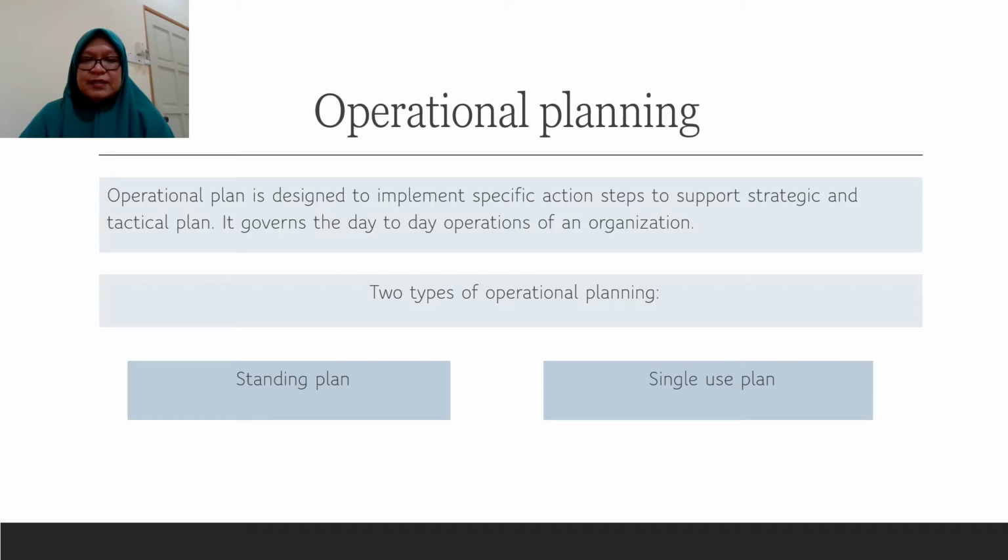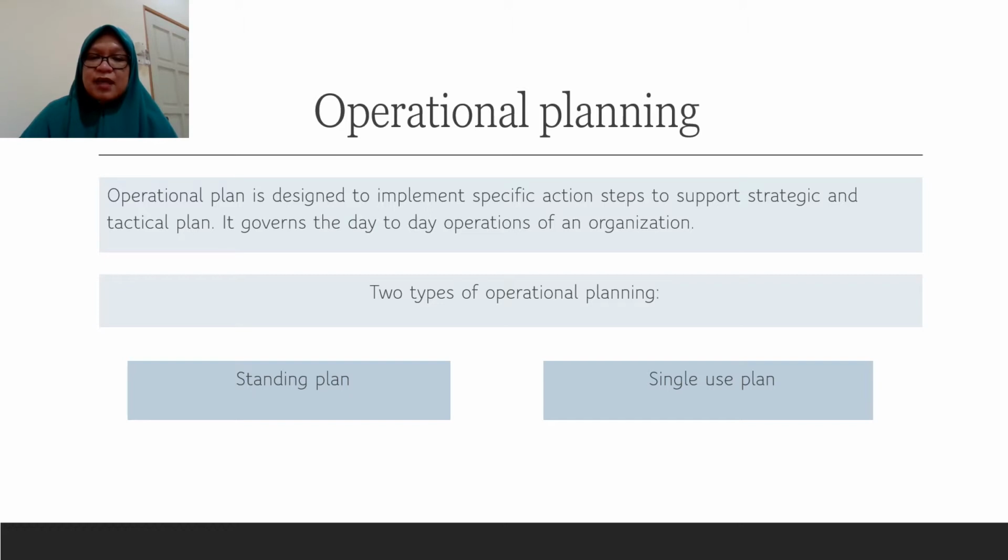Next, we also have the operational planning. So first we have the strategic planning, the second one is the tactical planning, and the third one is the operational planning. An operational plan is designed to implement specific action steps to support the strategic and tactical plan.